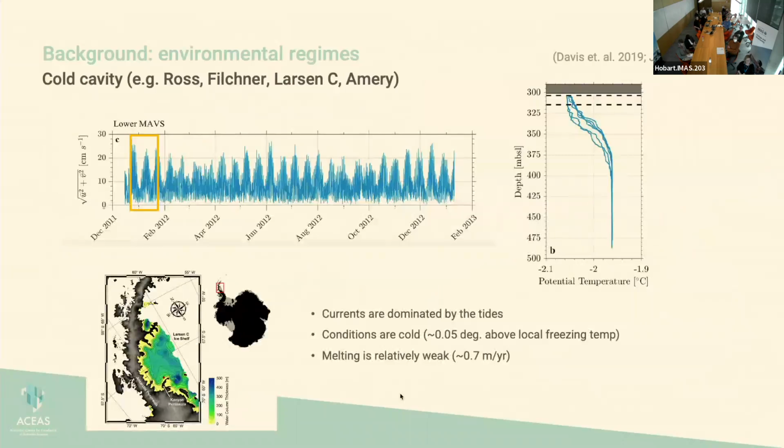I wanted to give 2 examples of different environmental regimes. So these are some observations from beneath the Larsen Sea ice shelf, which is on this Weddell Sea side, and it's quite cold.